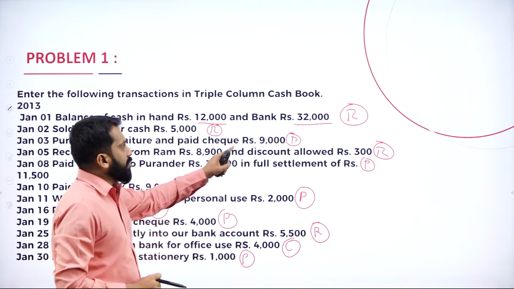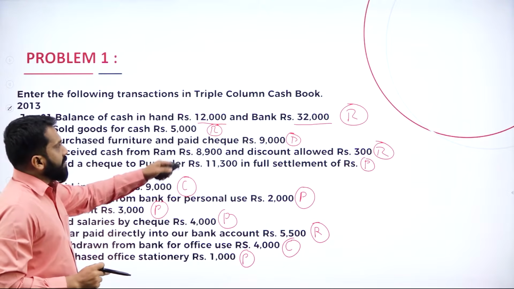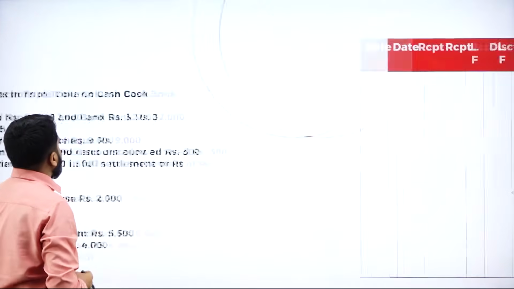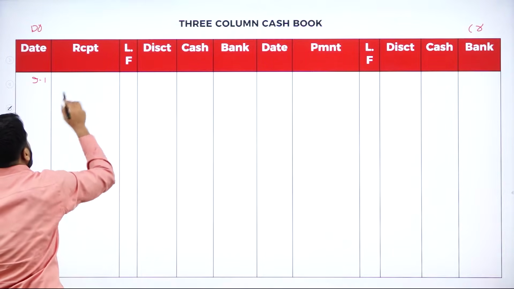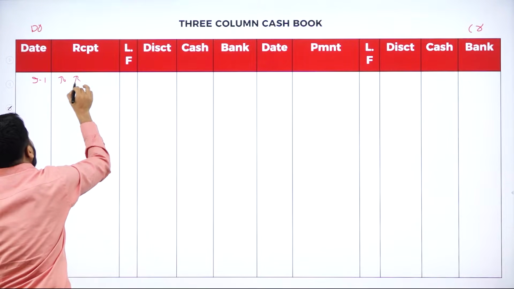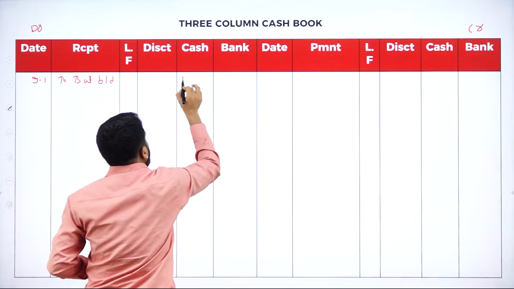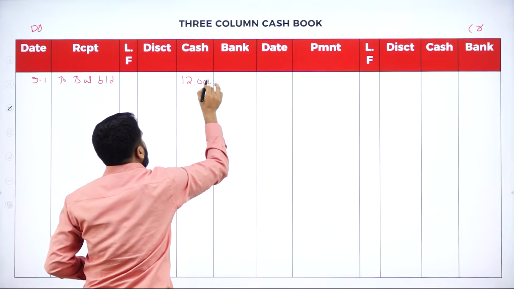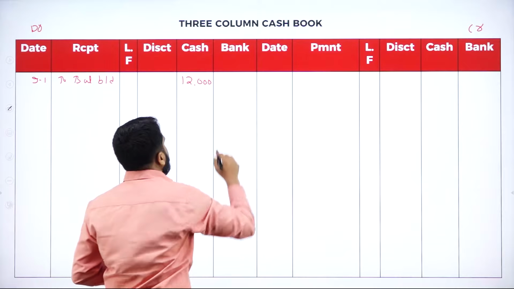Which side have I mentioned? Receipt side. January 1st, cash 12,000, bank 32,000. January 1st, to balance brought down. In the cash column, 12,000. In the bank column, how much is it? 32,000.